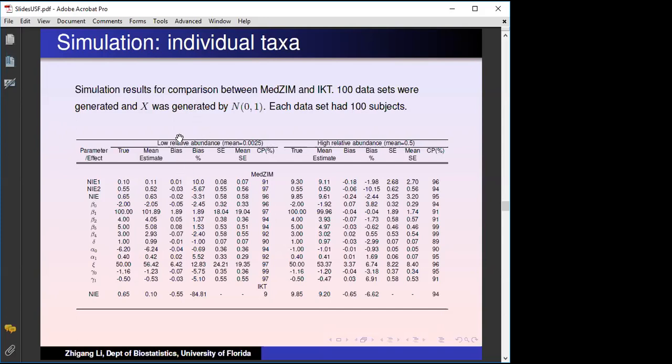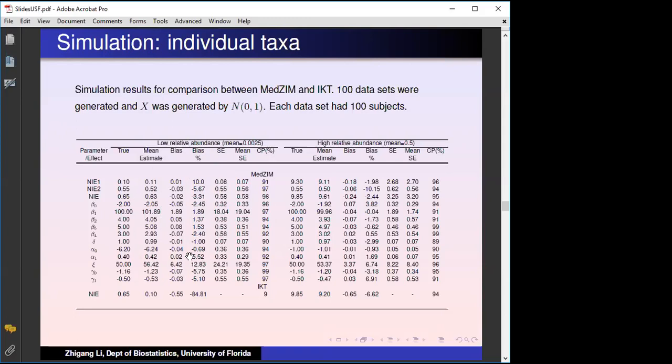One is when the taxon has a low relative abundance, with a mean relative abundance of 0.0025. That means this could be a rare taxon, and it has a lot of zeros in the data, including false zeros and true zeros.